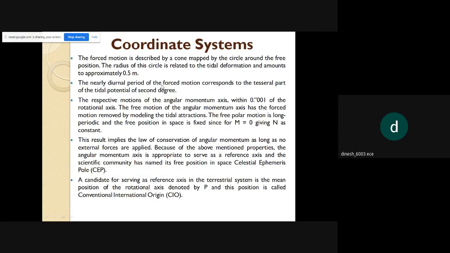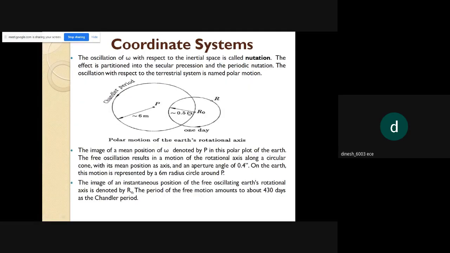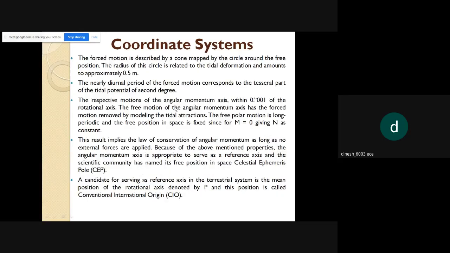The forced motion is described by a cone mapping a circle around the free position, and the radius of this circle can be related to a tidal deformation of approximately 0.5 meter. As I said, here we have 0.5 meter. This is your tidal deformation.